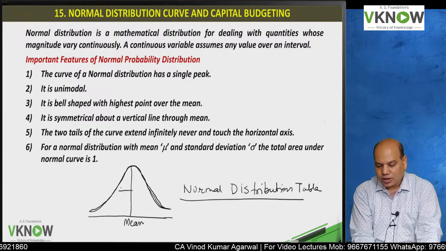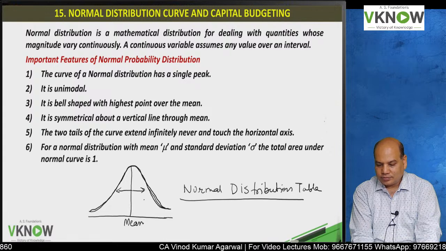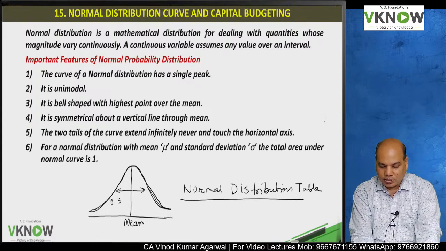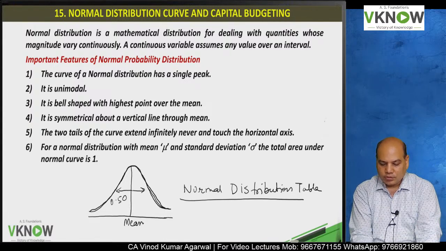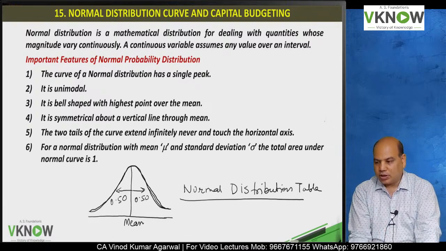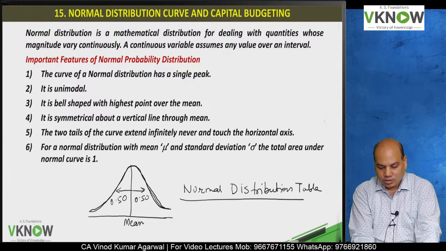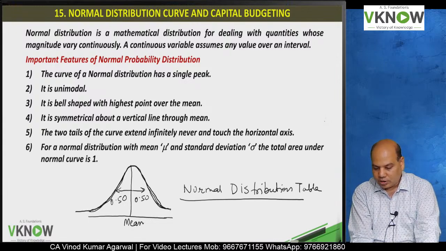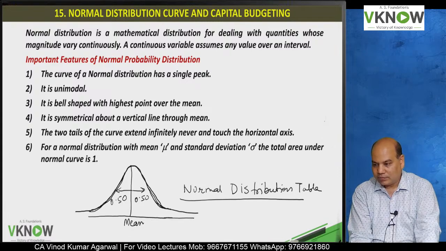Both sides are symmetrical. 50% of the data fall below the mean and 50% of the data fall above the mean. This tail will not touch the x-axis, but it will extend infinitely.